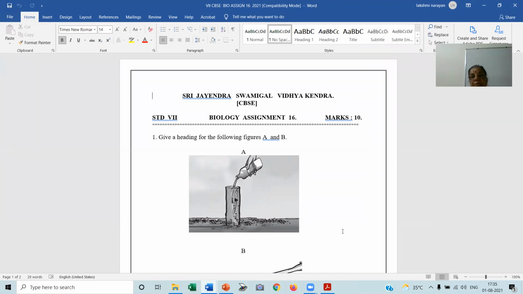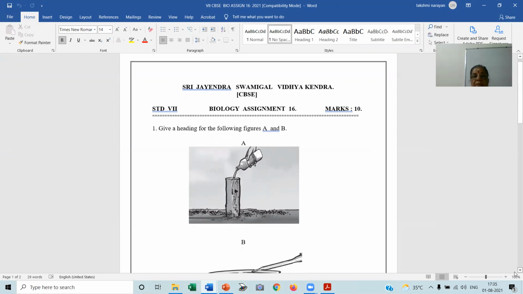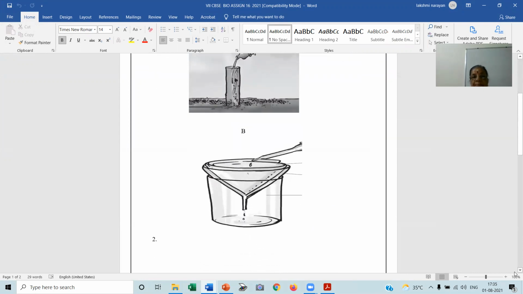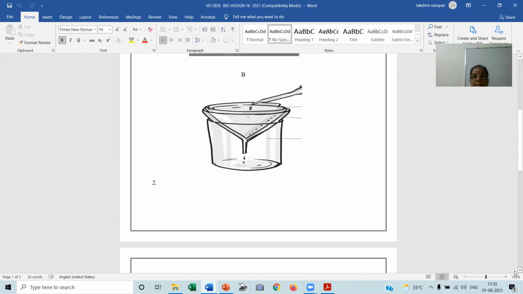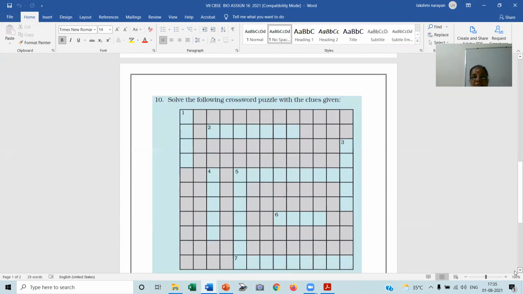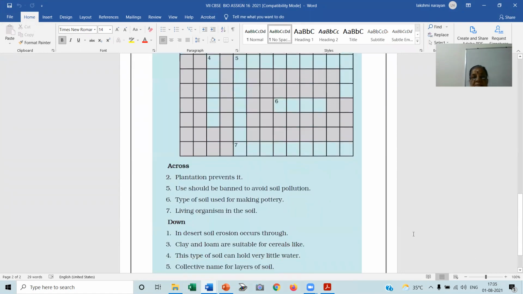Give a heading for the following figures A and B. Think about this; you have to give answers for both. And then this crossword puzzle. Plantation prevents it. Use should be banned to avoid soil pollution, this is the plastic.